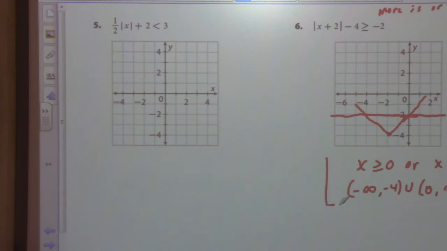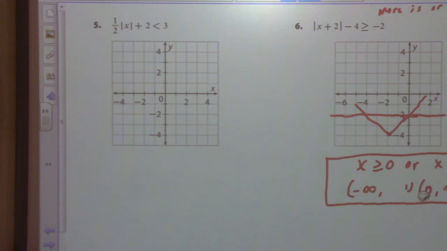So those will be our answers to this one right here. Would you use brackets after the 4 and before the 0? Okay, Ben is making a suggestion. Would we use brackets here? Yeah, we would.